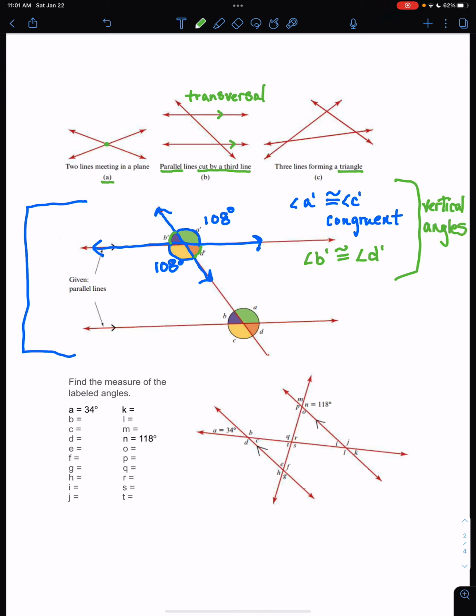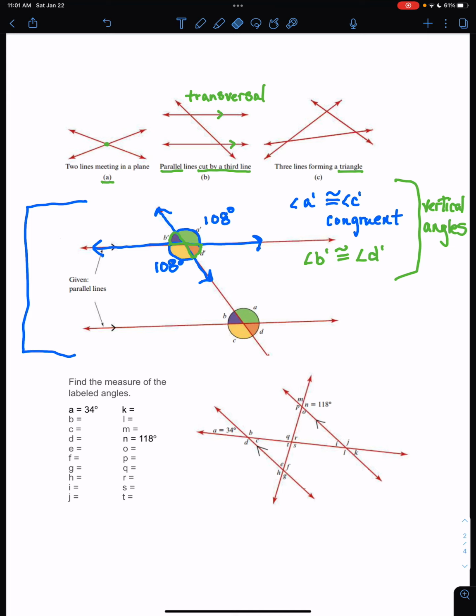And I like to remember vertical angles, V for vertical, because we can see that they make little V's with the same point in the middle, the same vertex in the middle. Right? So vertical angles are always going to be congruent. It doesn't matter if you have parallel lines or not parallel lines, and they are the angles that are across from each other.